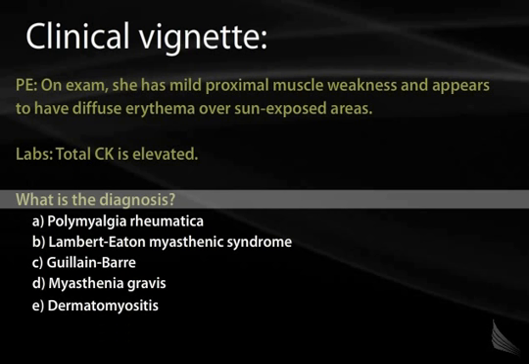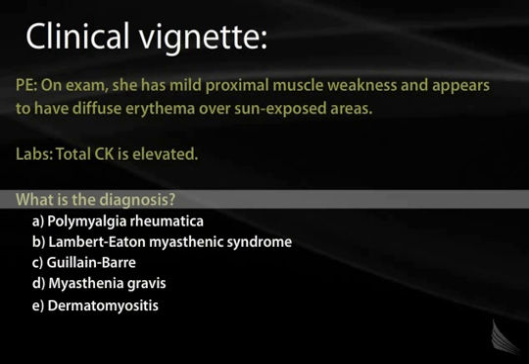High levels of creatine kinase are found in the setting of diseases that destroy muscle, primary diseases of muscle. If we look at the choices given here, polymyalgia rheumatica, Lambert-Eaton myasthenic syndrome, Guillain-Barré, and myasthenia gravis, none of these are primary diseases of muscle.